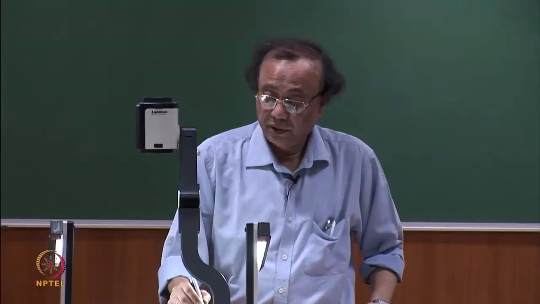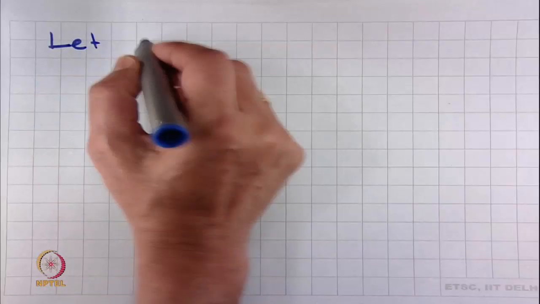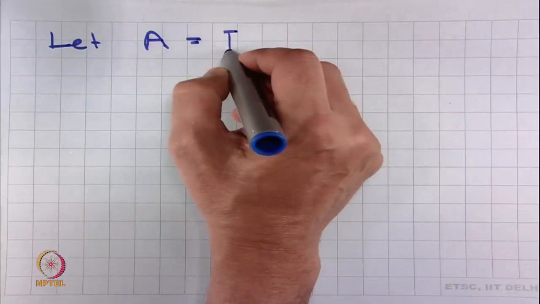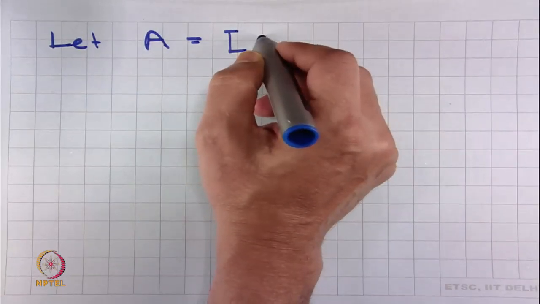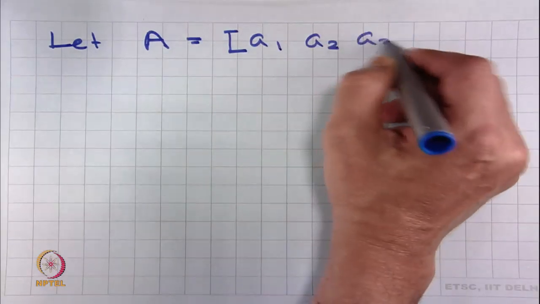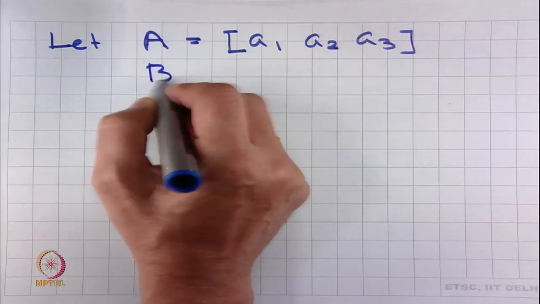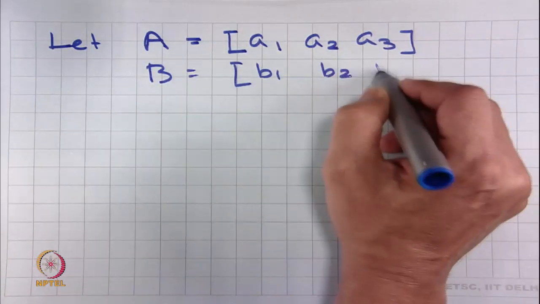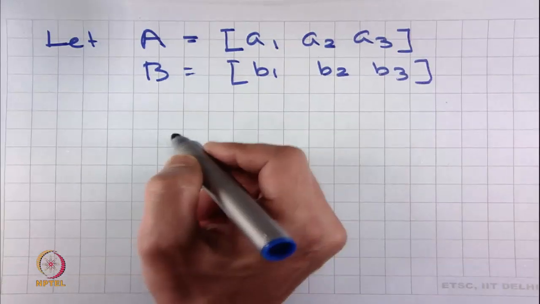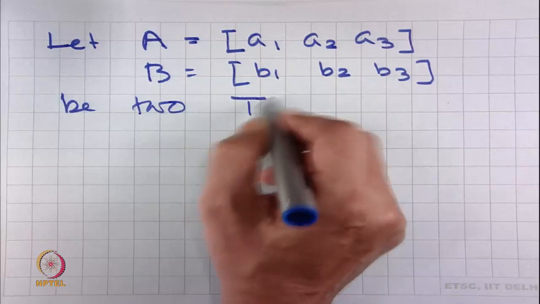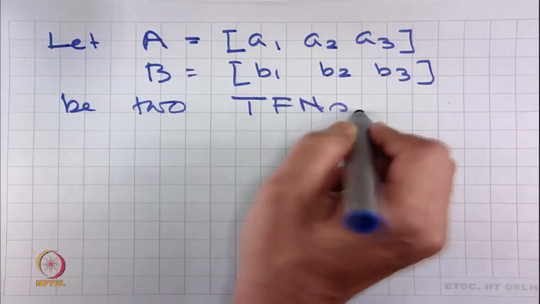So, let A is equal to A1, A2, A3 and B is equal to B1, B2, B3 be two triangular fuzzy numbers.